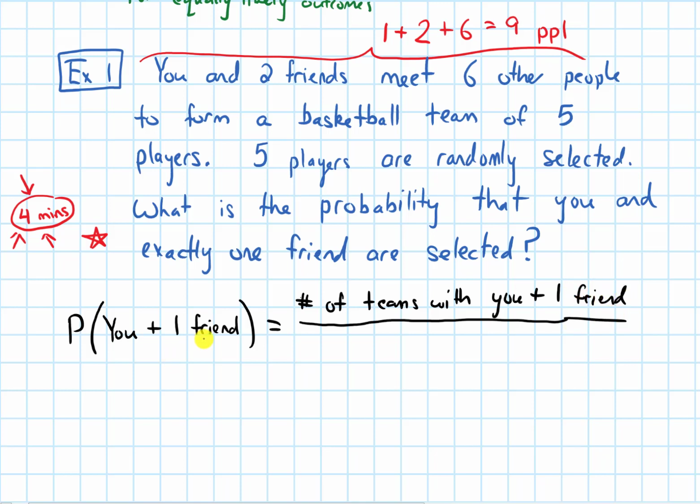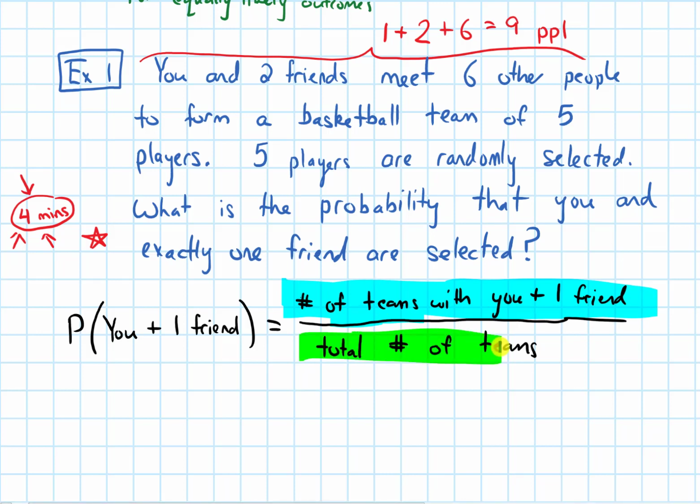And on the denominator, we need to count the total number of outcomes, which in this case is the total number of teams. Okay, so let's highlight this numerator and this denominator as well, and let's start with the total number of teams, the denominator, just because I think it's easier.